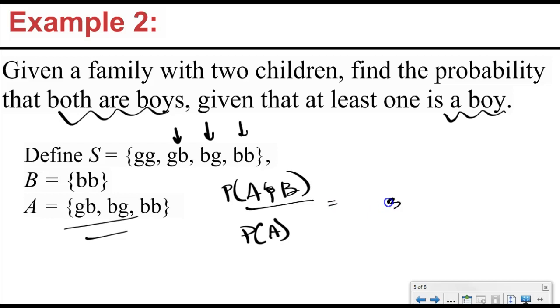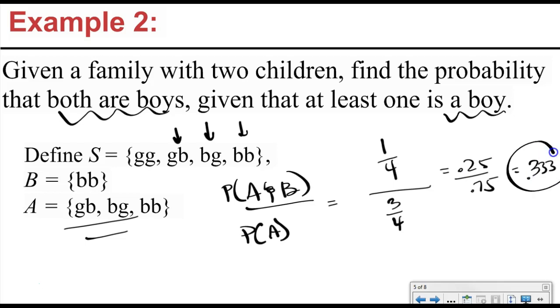My given is 3 over 4, over 1 over 4. So 0.25 divided by 0.75, I get 0.333. So if you're told that the family has 2 children and that one of them is a boy, what are your chances that the other one is going to be a boy? It's a 33% chance.